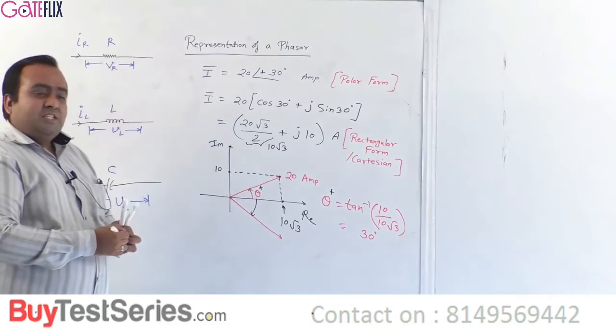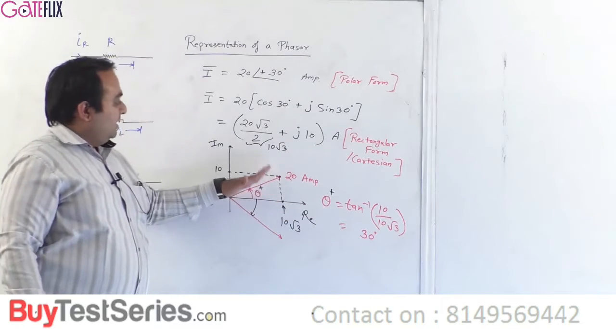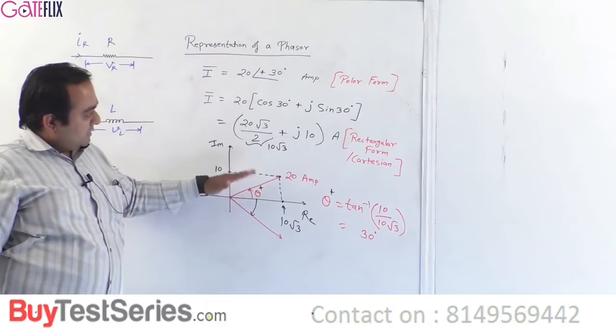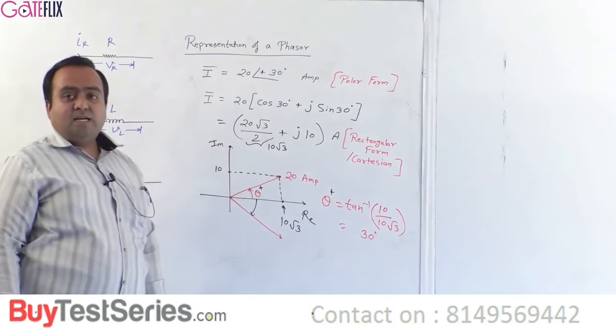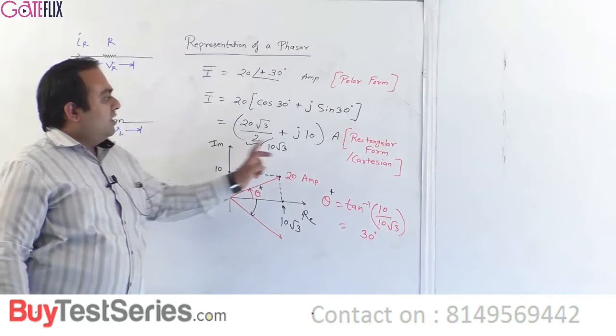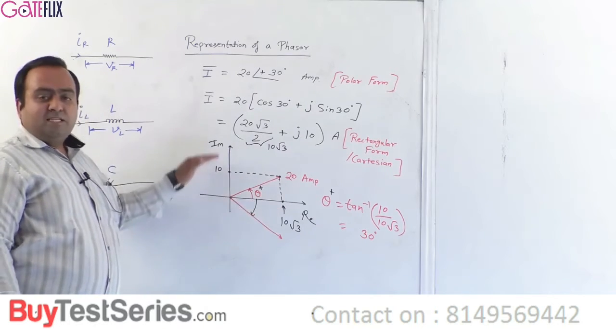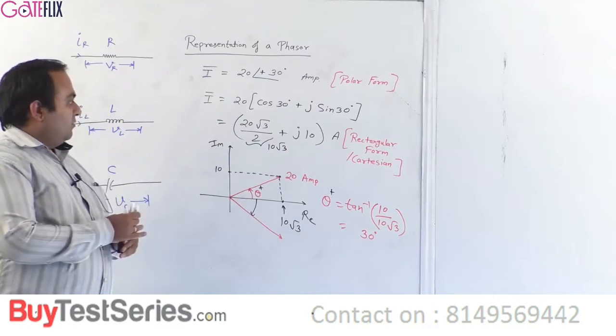So if we measure in the anti-clockwise direction, theta plus is 30 degrees, and if we measure clockwise, it is taken with the minus sign, so it becomes minus 30 degrees. So this is called the rectangular or Cartesian form. It can be represented on the complex plane like this. You are already familiar with it.